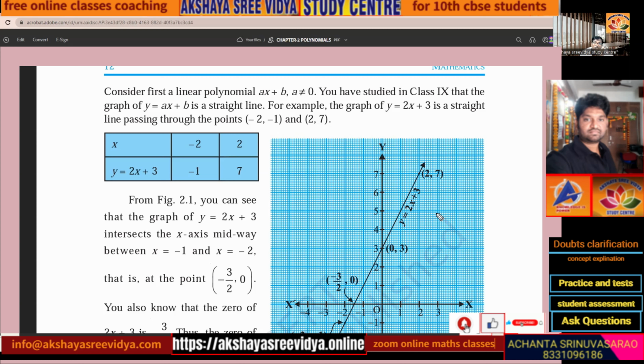The line is passing through the points (-2, -1) and (2, 7). You have to find the x value and y value.